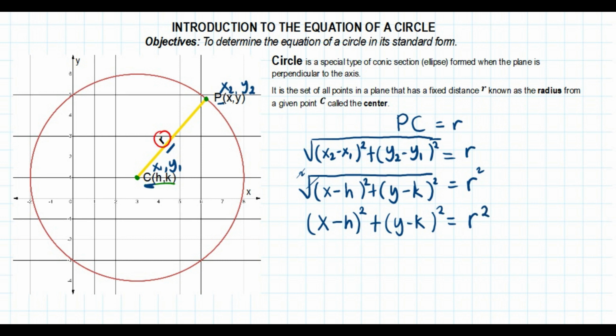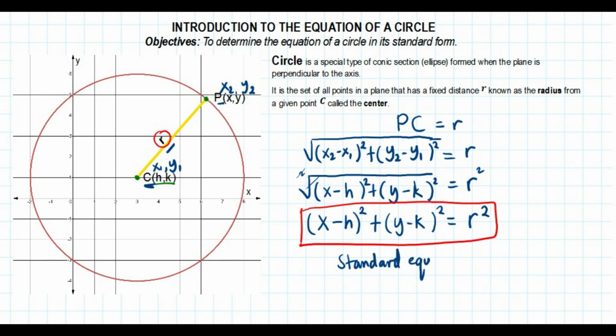And that is the standard equation of the circle. So, yan. Dito nagsimula ang standard equation of a circle. Now, mapapansin natin na nagmula siya sa distance formula. And now, siya ay applicable na gamitin sa conic sections.